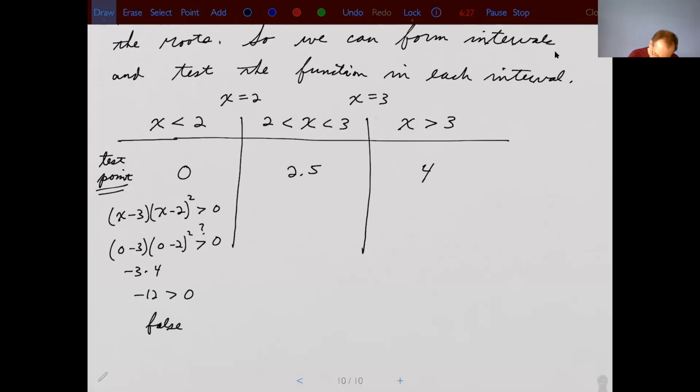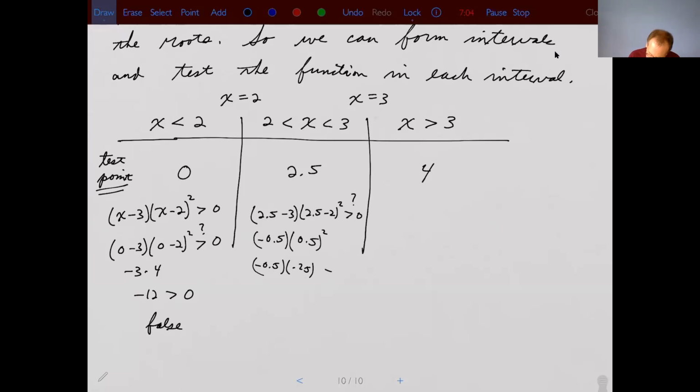Okay, now let me try 2.5. So if I plug in 2.5, I have 2.5 minus 3, and then 2.5 minus 2 squared, and I want to see if that's greater than 0. Okay, so 2.5 minus 3 is negative 0.5, and then here I'm going to get 0.5 squared, so it's going to be positive, in fact a positive 0.25.